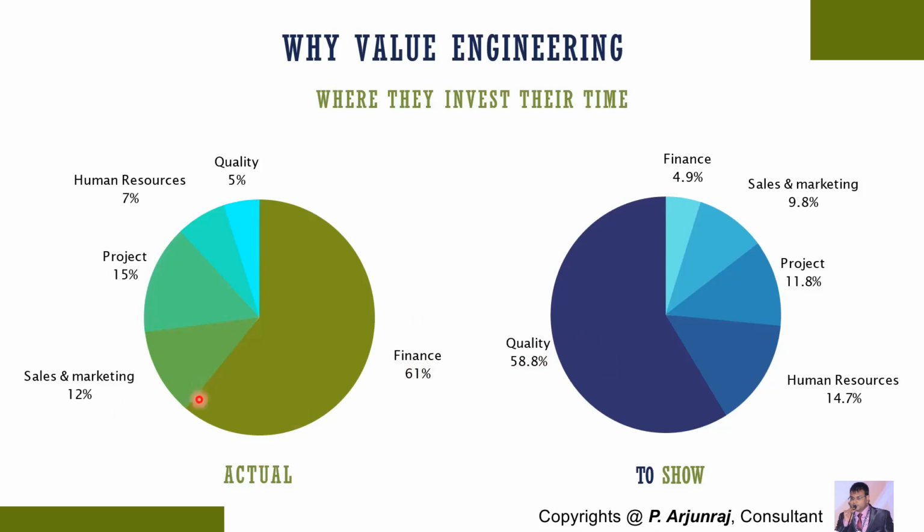With respect to other parameters, human resource, project, sales and marketing are quite the same, the actual and what the company wants to show. But in reality, what happens? They are not concentrating on the expected quality initially. Only 10% of the quality is concentrated on by any company.